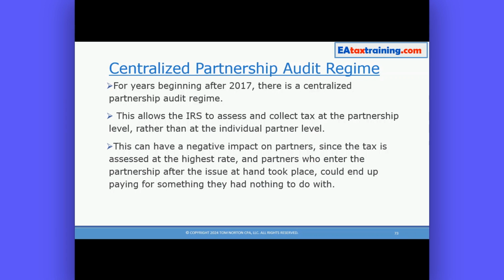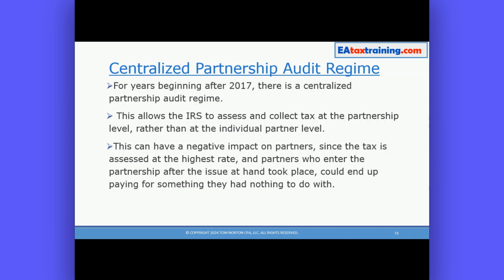It's the partnership that is paying. But since you are a partner in the partnership, proportionally, the amount that the partnership is paying to the IRS, you are in effect paying, because now that's money that you no longer are entitled to, no longer have access to. So that can be a bummer.